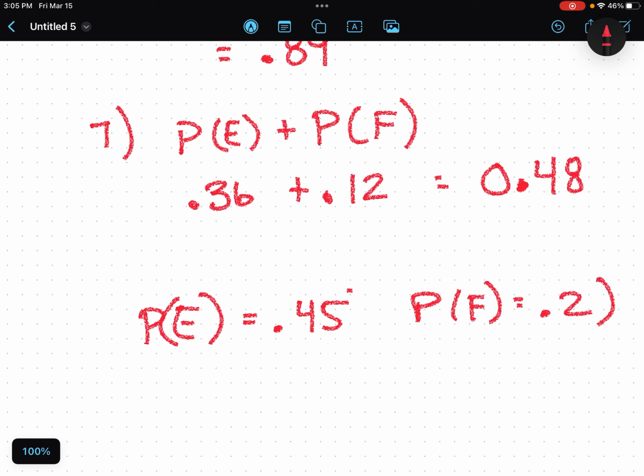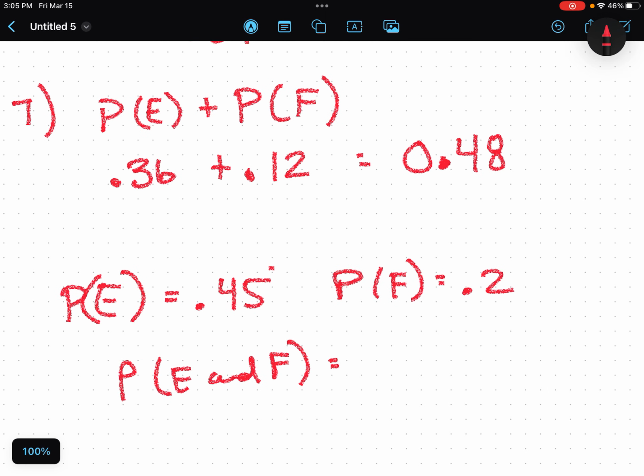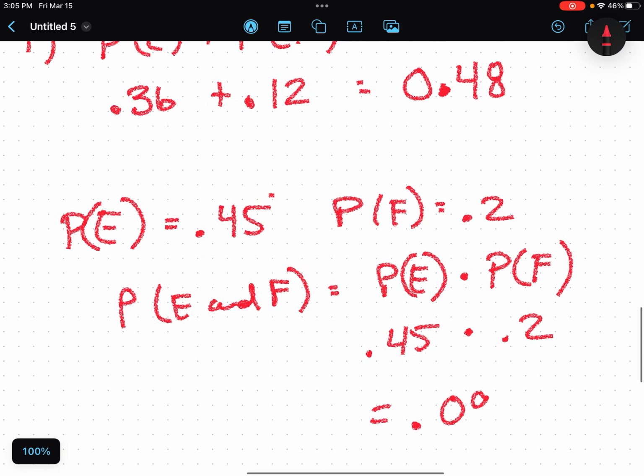What's the probability of event E and F occurring? This is the multiplication rule for independent events, where you take the probability of event E times the probability of event F, or 0.45 times 0.2, which gives you 0.09. That's number 8.